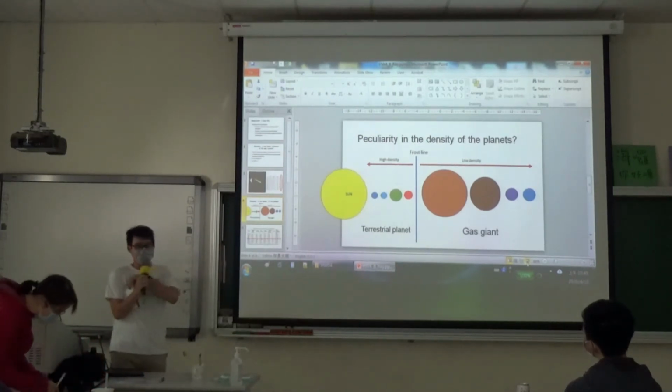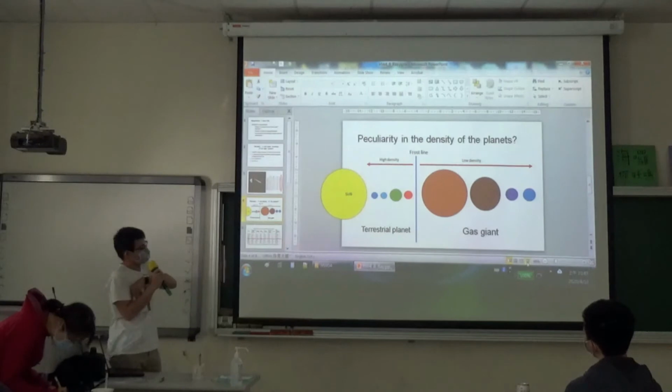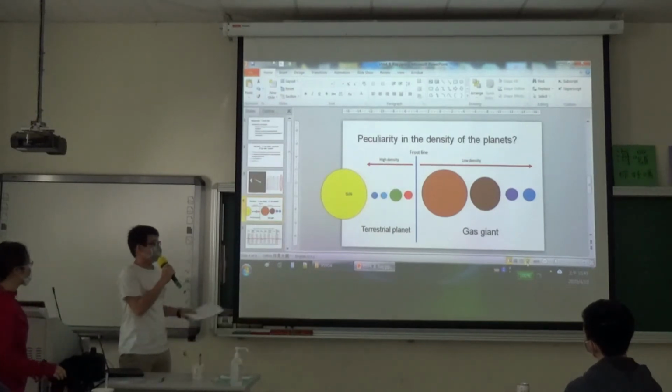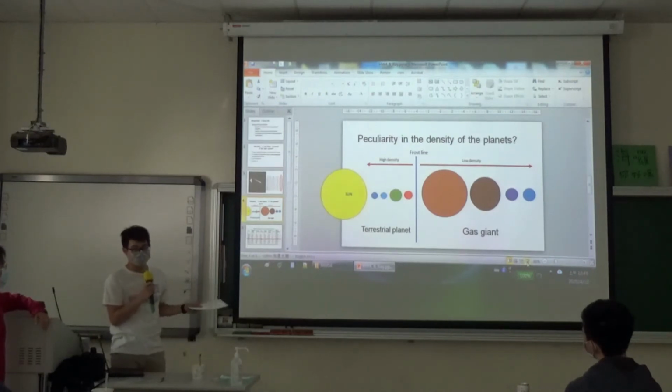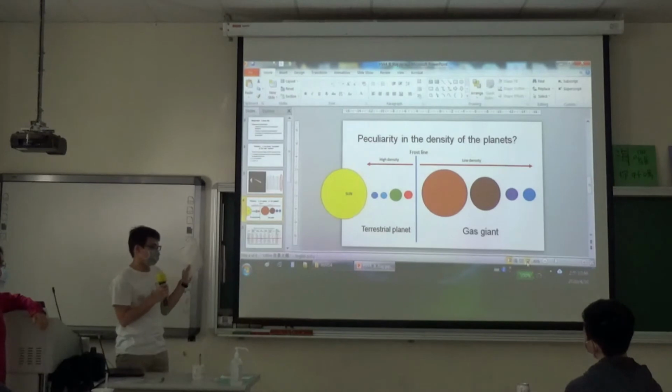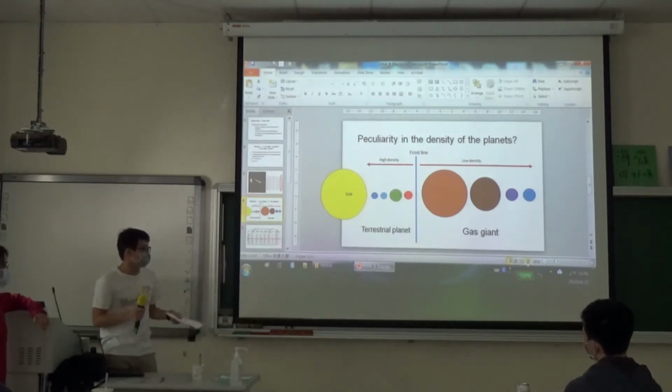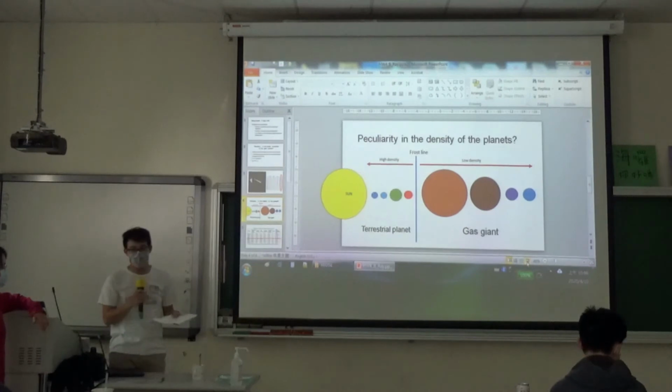I think it's a simple phenomenon, because the farther you are from the sun, the colder it becomes. So the frost line is where water can easily become ice. That is the definition of the frost line. If we have more ice and more gas, we can form a gas giant.